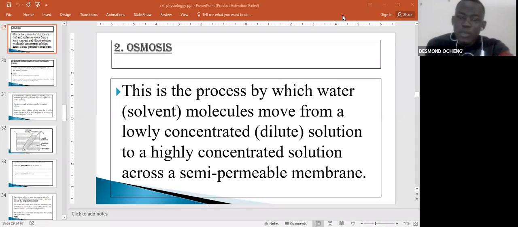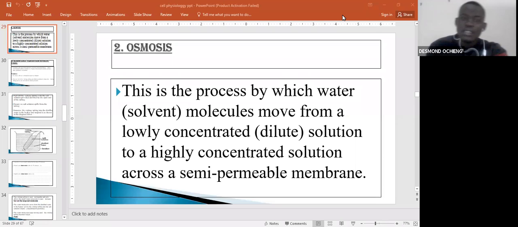Now, the definition on my screen says, this is the process by which solvent or water molecules move from a lowly concentrated, or dilute solution, to a highly concentrated solution across a semi-permeable membrane. Now, someone is about to say that the definition I'm putting on my screen is not right. But I want to tell you that the definition you're seeing there is very right. Let us look at it again.